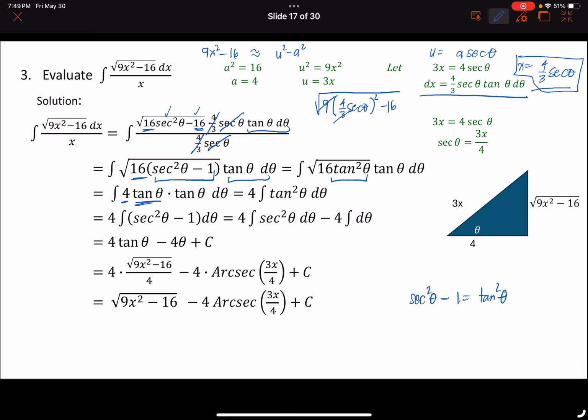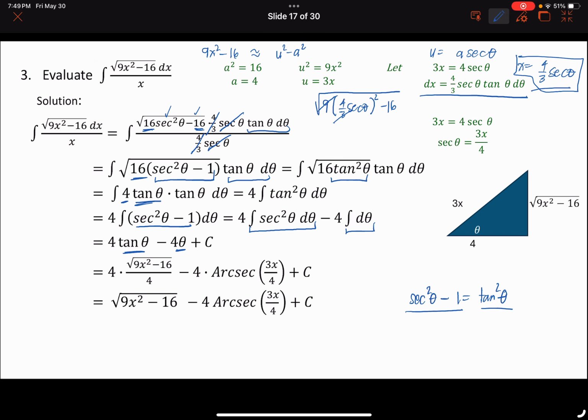So we have tangent squared theta equal to secant squared theta minus 1 d theta. So we have 4 secant squared theta d theta minus 4 d theta. The integral of secant squared theta is tangent theta, and the integral of d theta is theta.